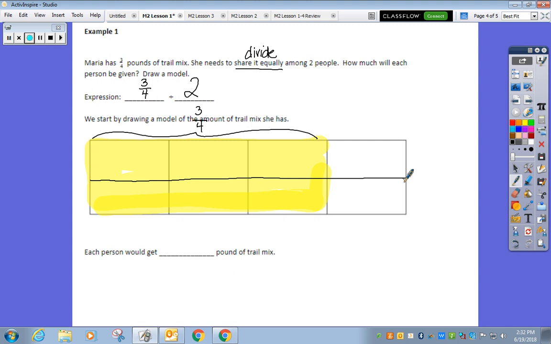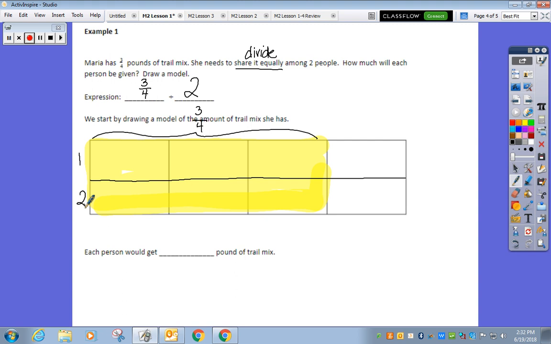Whenever we're talking about fractions, it's always in comparison to the whole. 3 out of 4 means 4 pieces make the whole, and we're looking at 3 out of those. So what we're doing is splitting the whole pound into 2 equal parts. On my side here is where I'm going to show that I've made 2 equal parts.